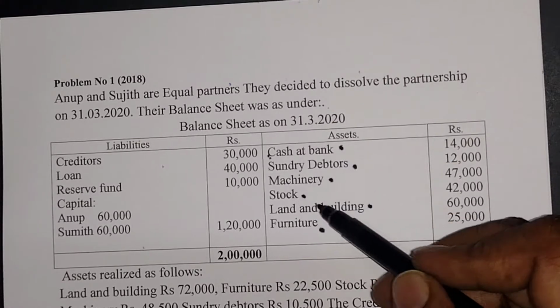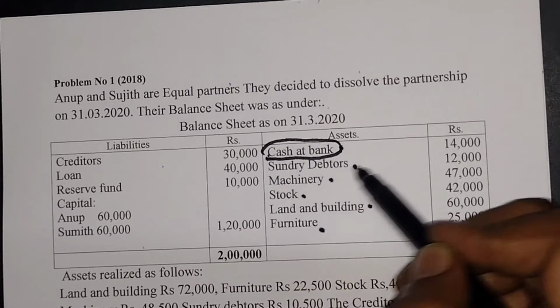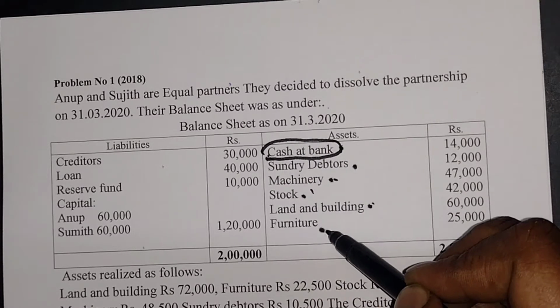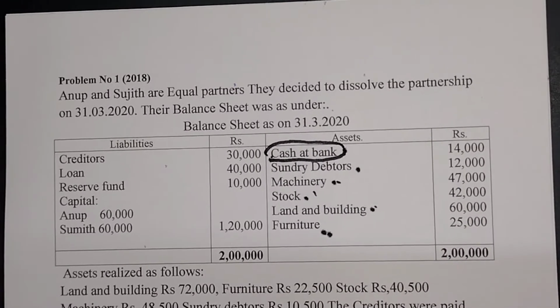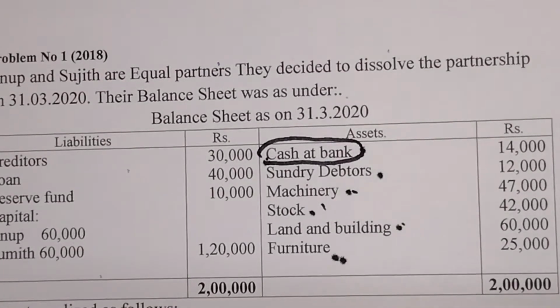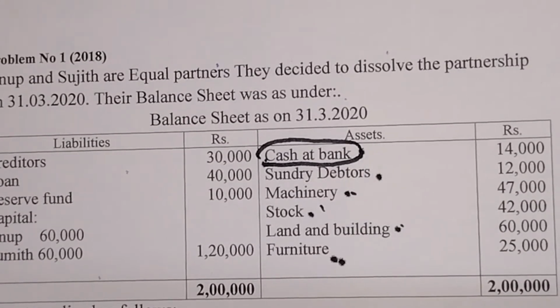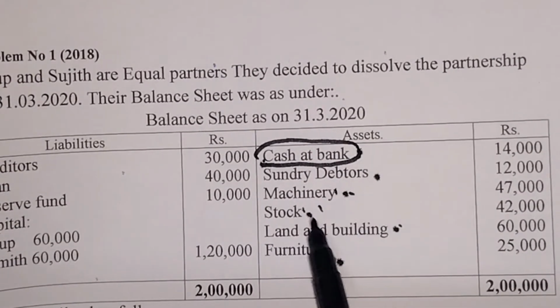Out of these six assets, except cash at bank, all the other assets which are given here are the realizable assets, which appear on the asset side of the balance sheet and will appear on the debit side of the realization account.